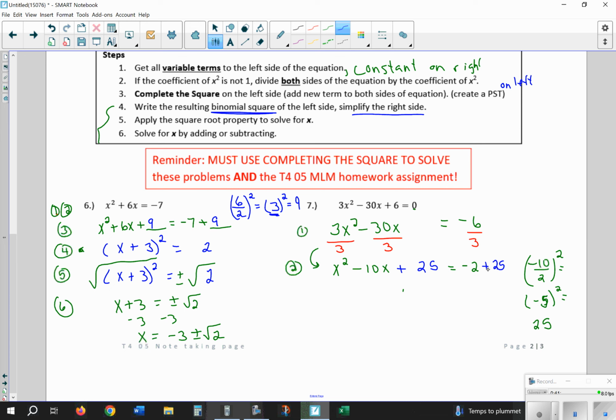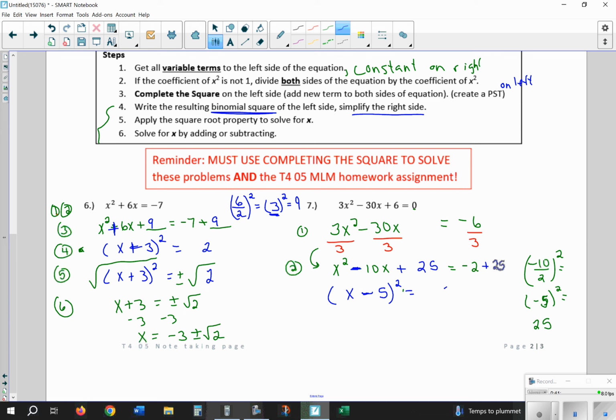So now I'm able to turn this trinomial into a binomial square. And the second step of my magic number, there's my operation, there's my number. Whatever my operation is, if it's subtraction here, and over here, when it was addition here, it's addition here.